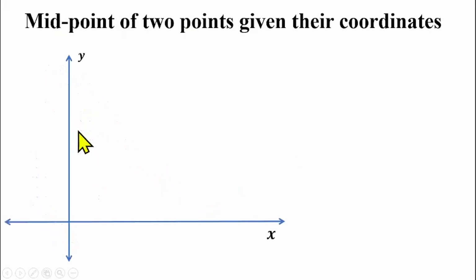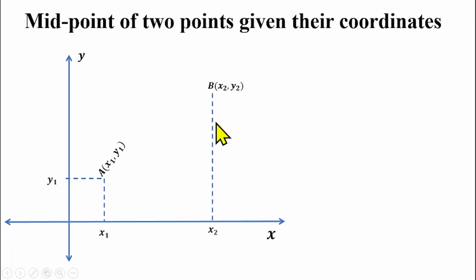Now, assuming that this is a graph as well, having y-axis and x-axis, and we have a point A having coordinate x1, y1. So knowing that the value of A on the x-axis is x1 and the value of A on the y-axis is y1, and there's another point, point B. The value of B on the x-axis is x2 and the value of B on the y-axis is y2.